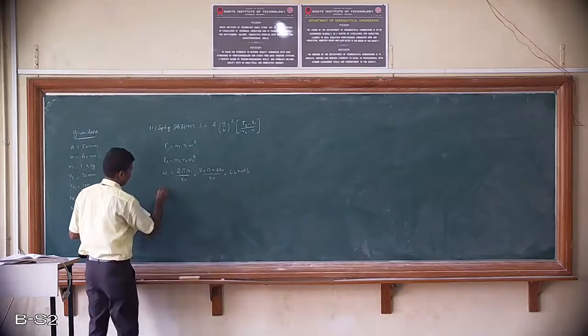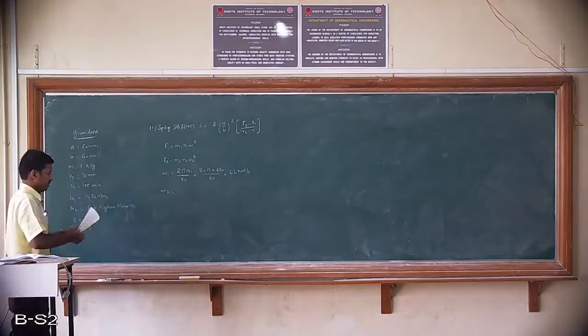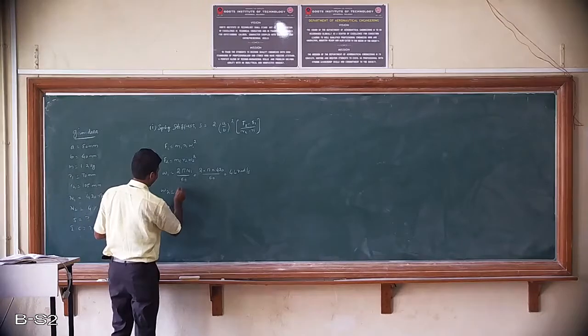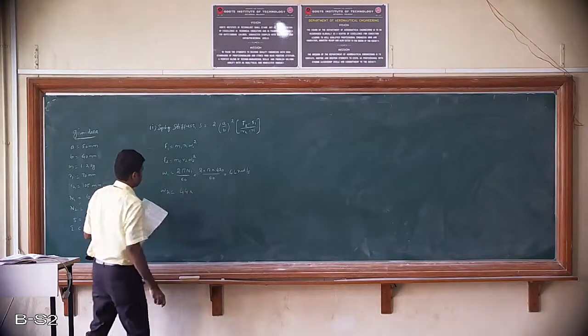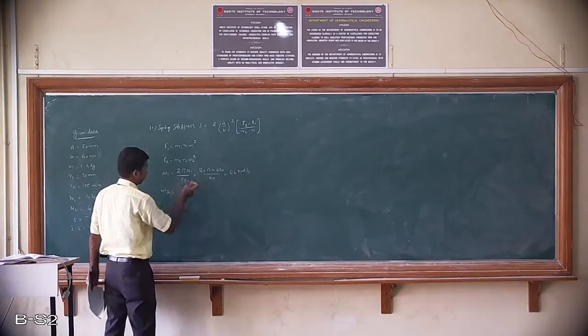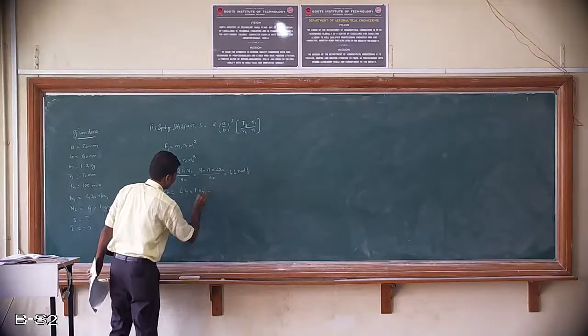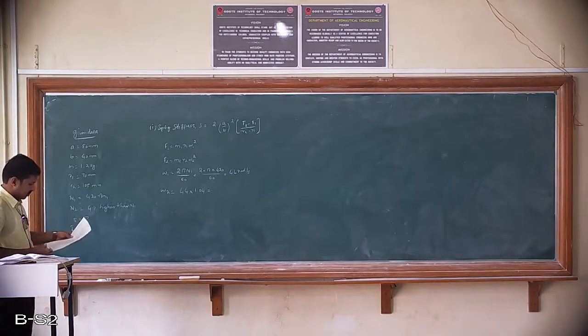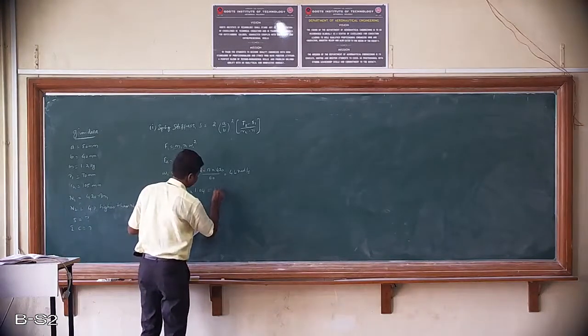For omega 2, the maximum equilibrium speed is 4% higher than the minimum. I already have omega 1, that is 44, so I multiply it by 1.04, and the value of omega 2 is 45.76.